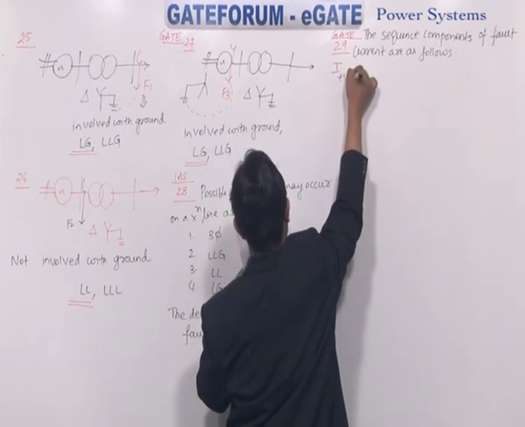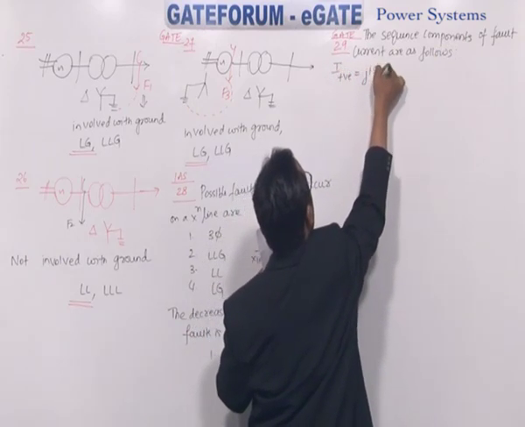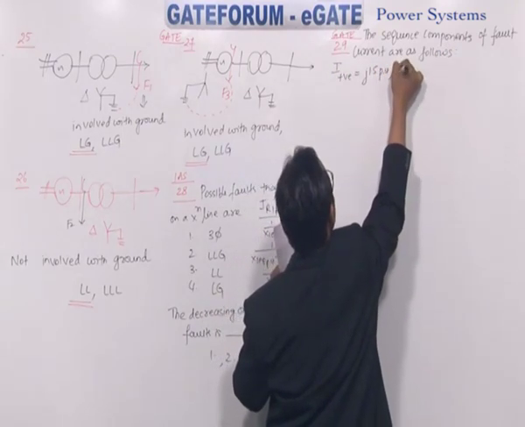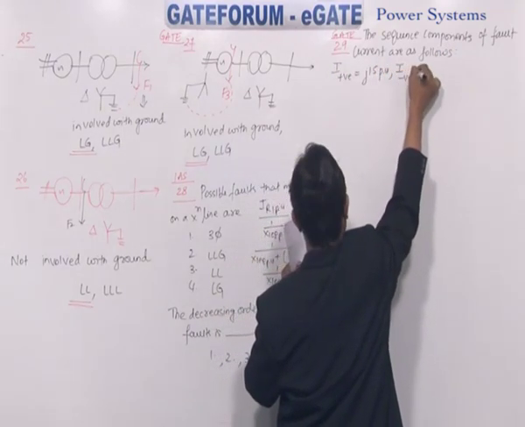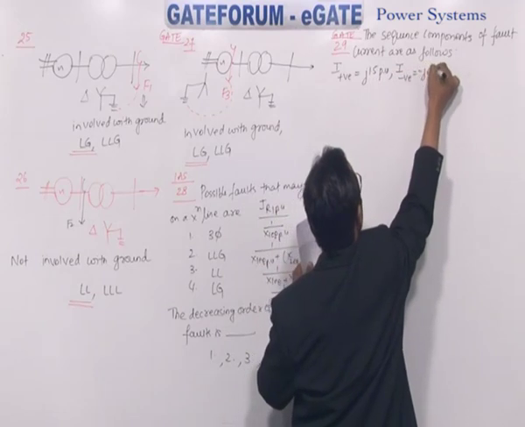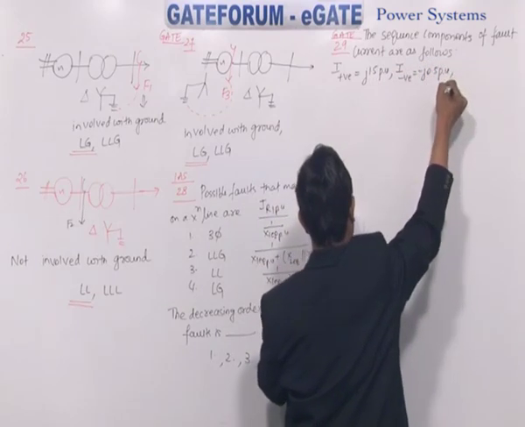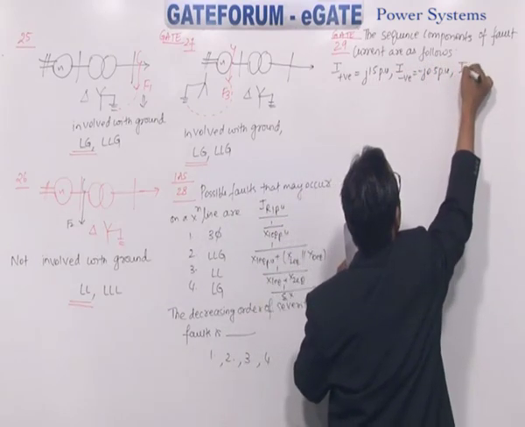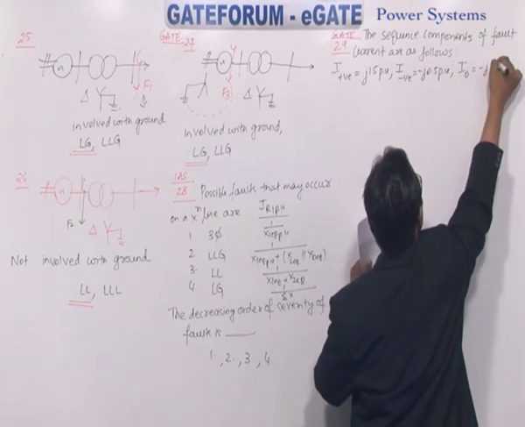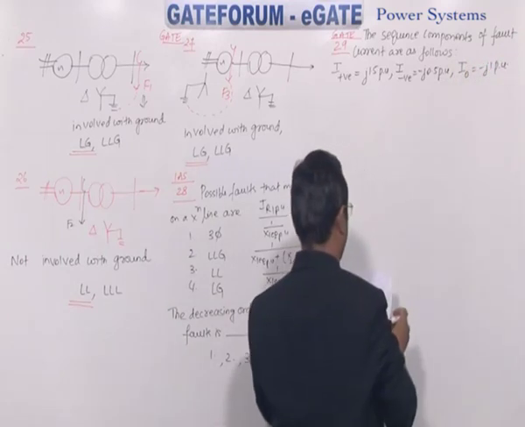Positive: J 1.5 per unit, negative: minus J 0.5 per unit, zero: minus J1 per unit.